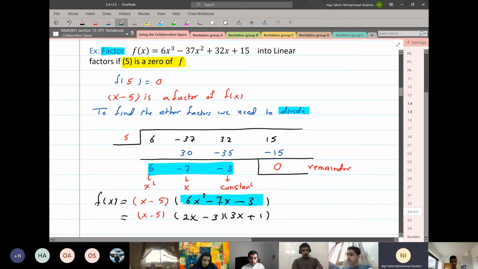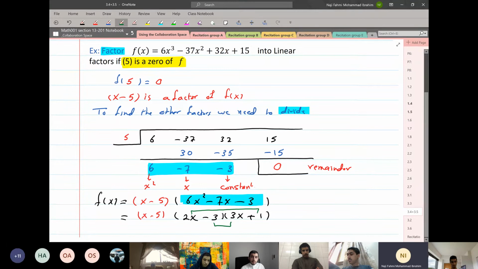We used to multiply the outers and multiply the inners and add. So how many brackets do you see in our final answer? 3 brackets. What's the power of x inside each bracket? 1. So we say these are called linear factors.